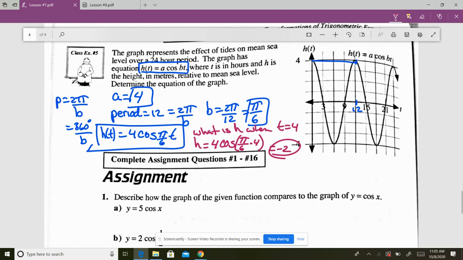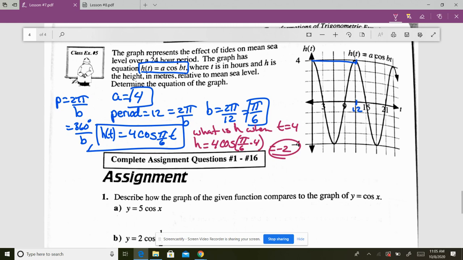Did we get -2? All right, perfect. So when you get asked a question like that, just make sure that your calculator is in the right mode. I.e., if it's a question like this, it has to be in radians. Is that okay?